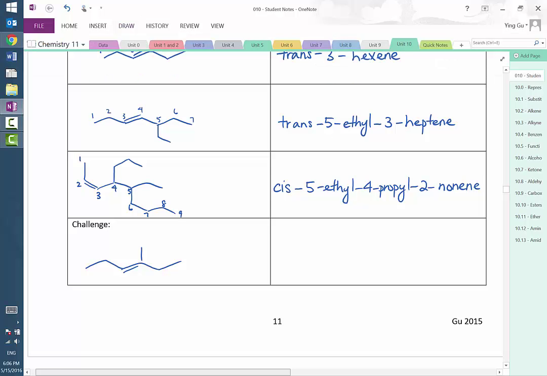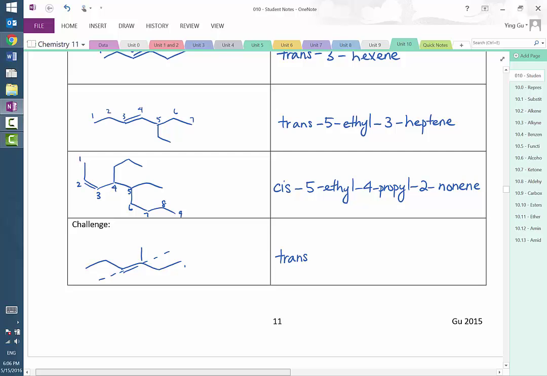When you get a case like this, we always choose the two branches across the double bond that are the largest. So we're comparing the two largest branches. So that would make it this one with this one. So this structure is trans. So this is going to be trans.